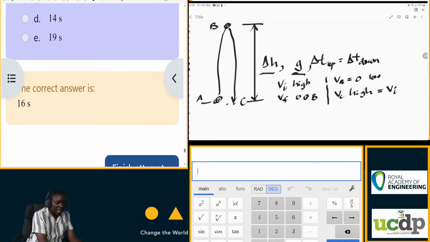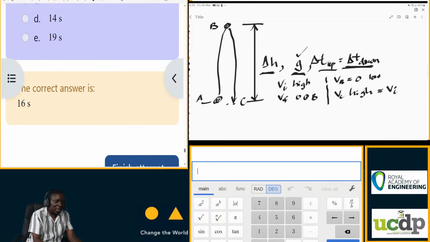So the time it takes to lose the velocity, because it loses it as a function of the same gravity, it will gain the same velocity over the same distance because it's the same acceleration, the same rate at which, remember, acceleration is the rate at which you change velocity. So it changes the velocity going up at the same rate as it changes the velocity going down.